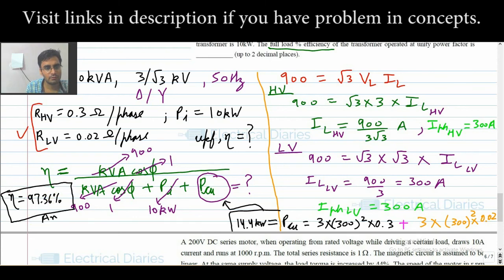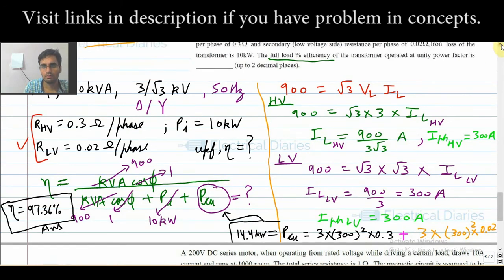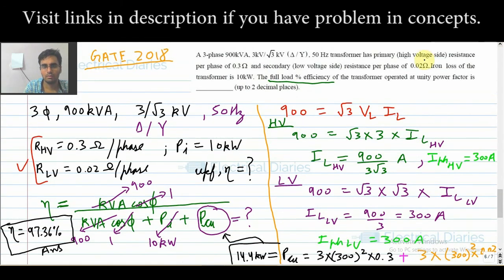So that will be your answer, that will be the efficiency. In this question, the major important thing is line voltage and phase values of currents according to delta and star connection. I hope you get these things.